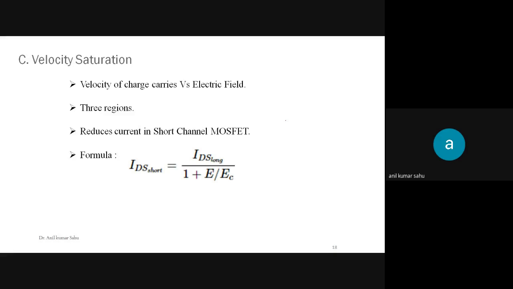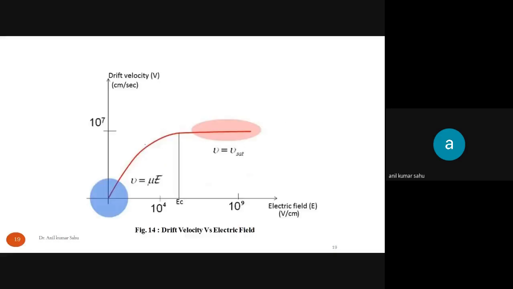There is a formula you have to remember for velocity saturation, nothing else. Here you can see that the electric field is increasing. Before the critical electric field, the velocity is increasing. After the critical electric field, it is constant. Here it is saturated; this is the saturation region.